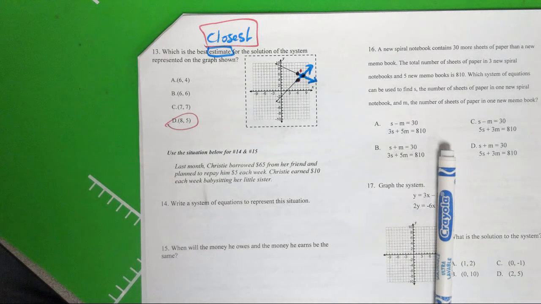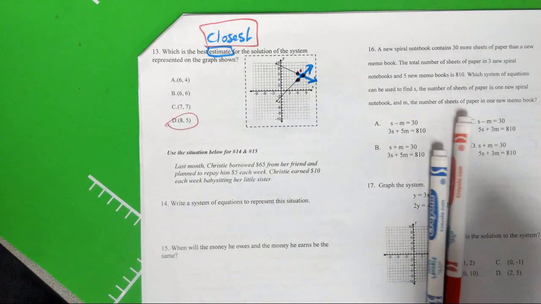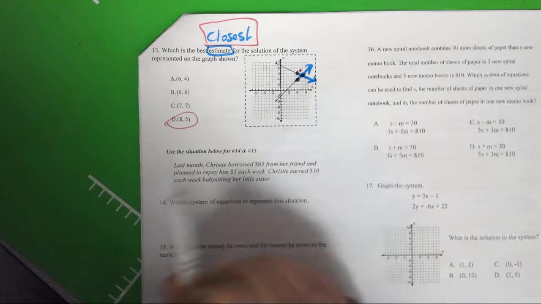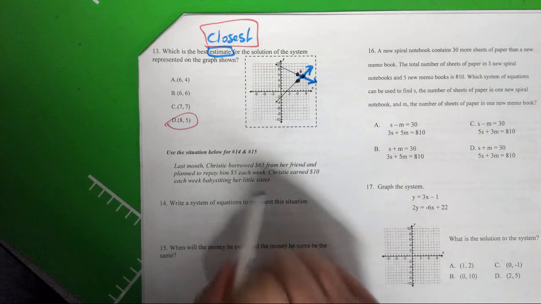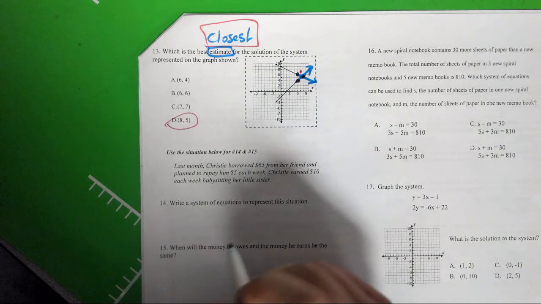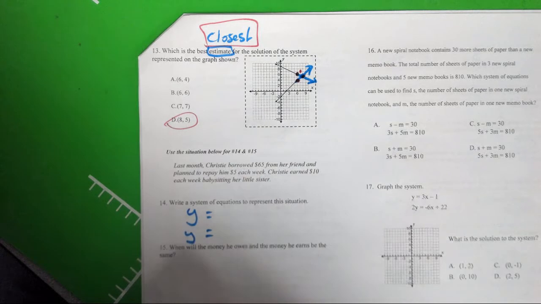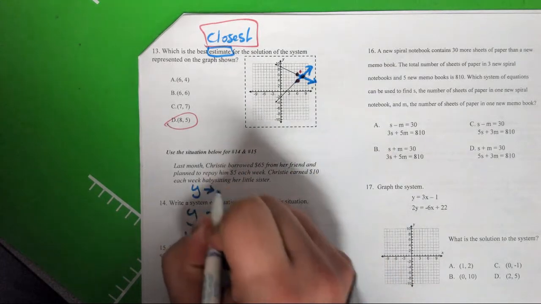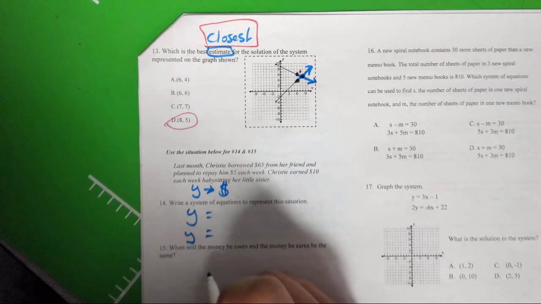Now I need to apologize to first and third period because I taught you this one wrong. Number 14-15. Last month, Christy borrowed $65 from a friend and planned to repay him $5 each week. Christy earned $10 each week babysitting for her little sister. The way we want to write this is, we've got Y being money, X is weeks.